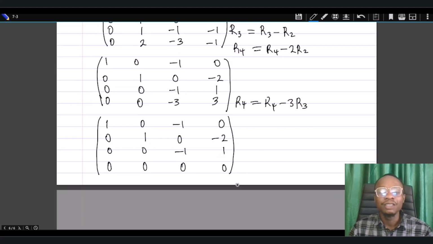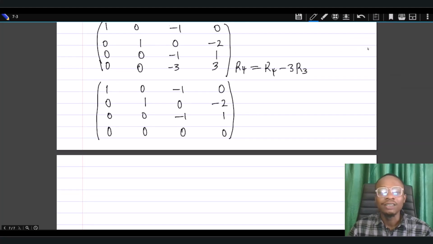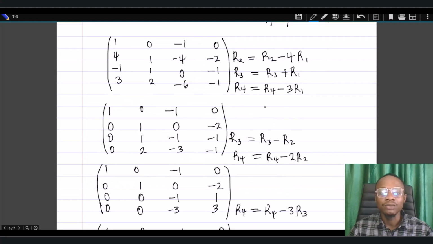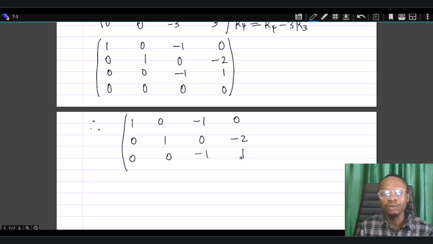We now have this in echelon form, so we can get back to the equations with alpha 1, alpha 2, beta 1, beta 2. So we can now say that, having reduced this, what we have here is 1 0 minus 1 0, 0 1 0 minus 2, 0 0 minus 1 1.